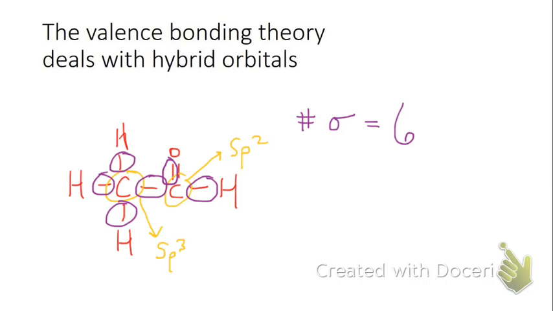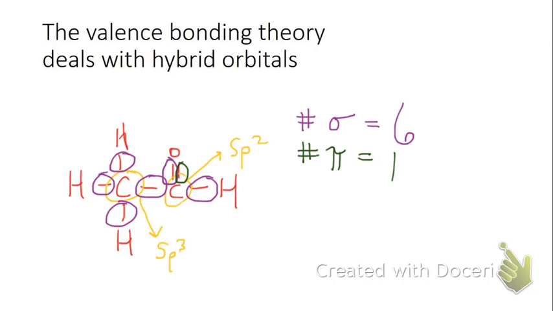So then I can ask you the number of pi bonds. Well, there's only one double bond, and so there only has to be one, right? So I can ask you guys what's the hybridization of a central atom? How many bonds are in that atom?